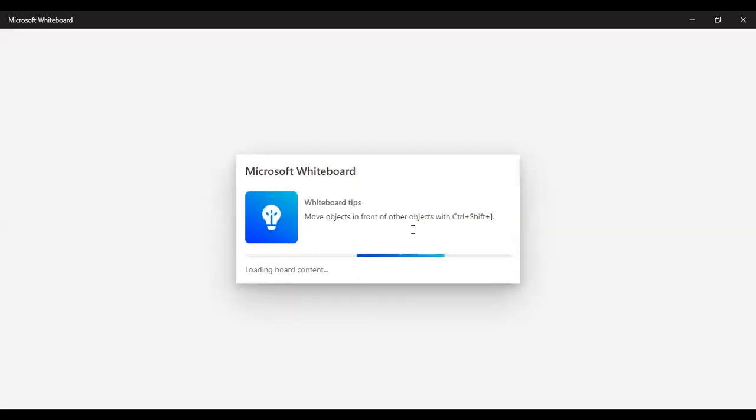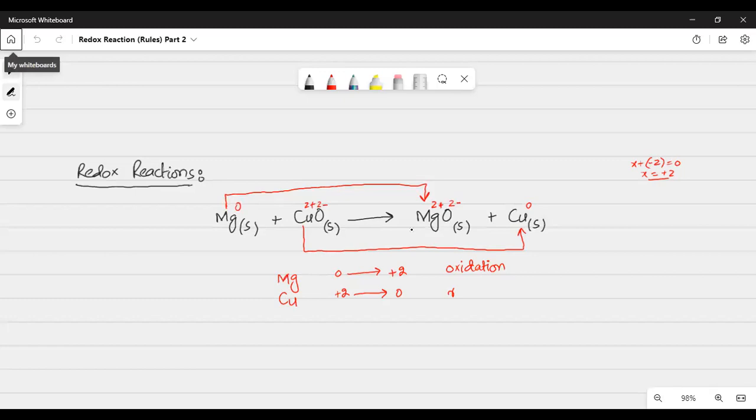So it would definitely be, bear with me, oxidation. But sir, oxidation is loss of electrons, right? Yes, oxidation is loss of electrons, which means that the change in this case would be oxidation, and this one is reduction. Make sense?